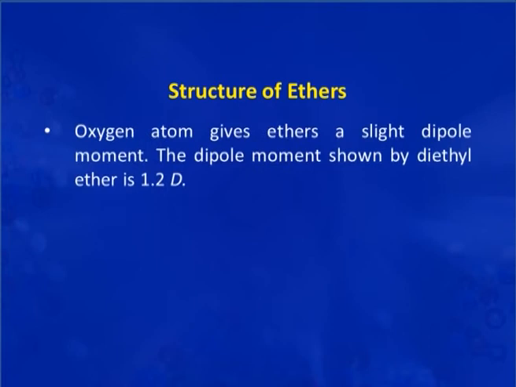So, in case of ethers, deviation from the normal tetrahedral angle is because of the size of the alkyl group, and this kind of distortion in bond angle is also responsible for the molecule showing some dipole moment. It has been found that the oxygen atom in ethers has a slight dipole moment. As a result, diethyl ether has a dipole moment of 1.2 Debye units.